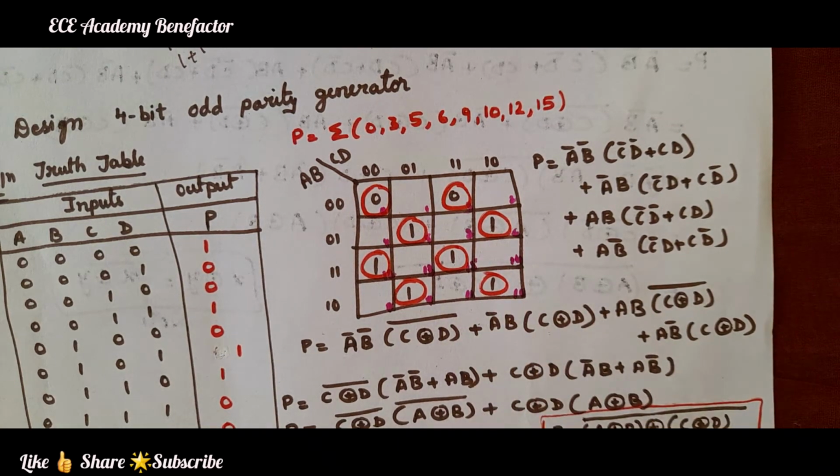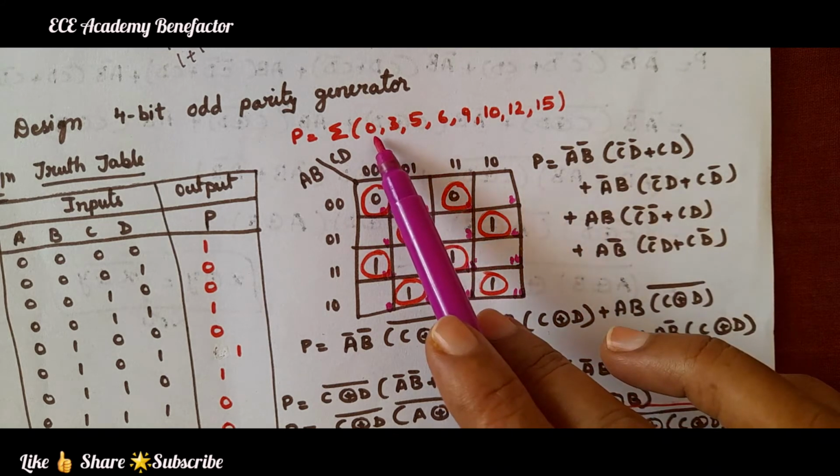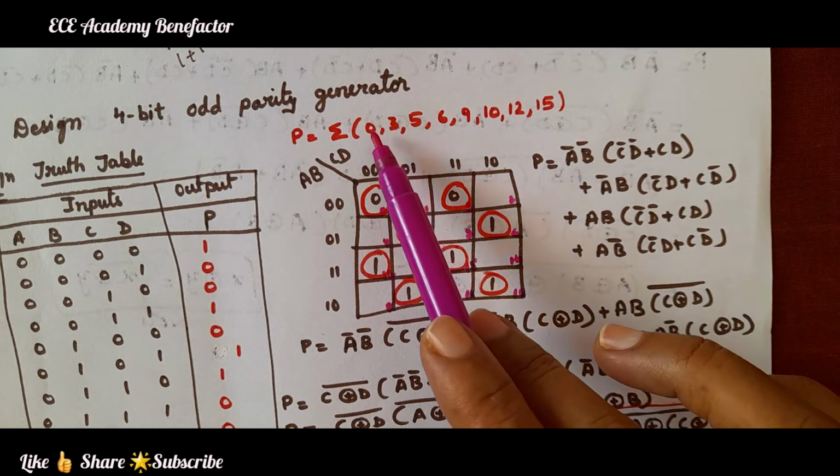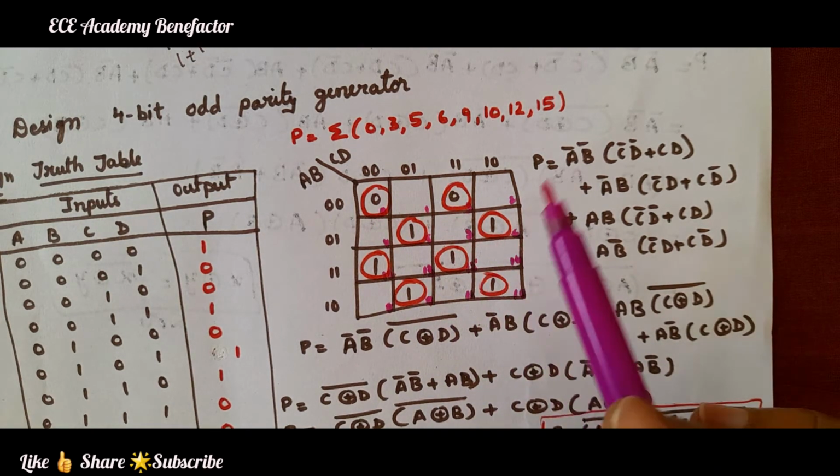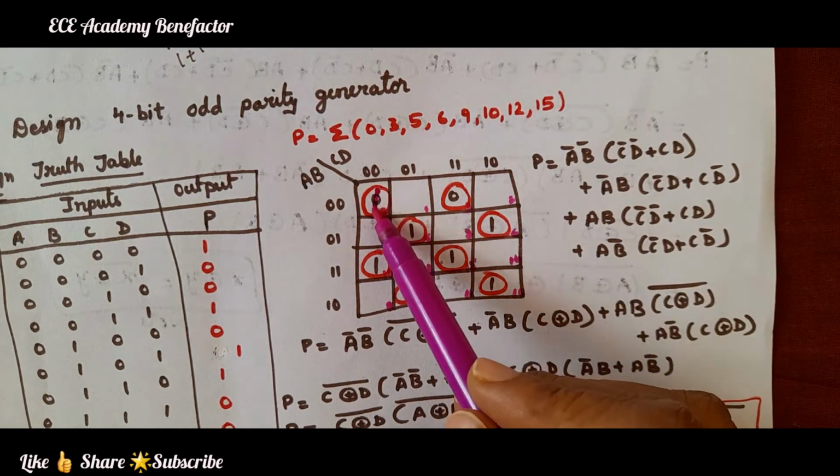We know the cell numbers and we have to fill this in the K map. At 0 we have to fill the 1. So we have filled it 1.